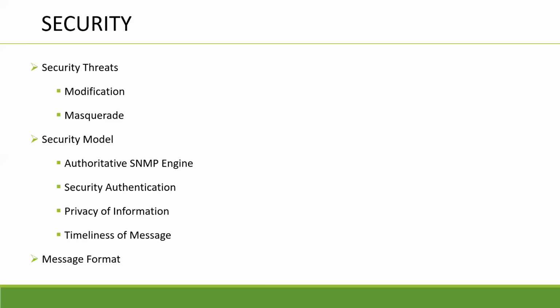If the message is to be authenticated, the SM authenticates it and forwards it to the MPM. Similarly, for an incoming message, the MPM requests the service of the security subsystem to authenticate the user ID. In the security model, the authoritative SNMP engine will be discussed where two management entities communicate.